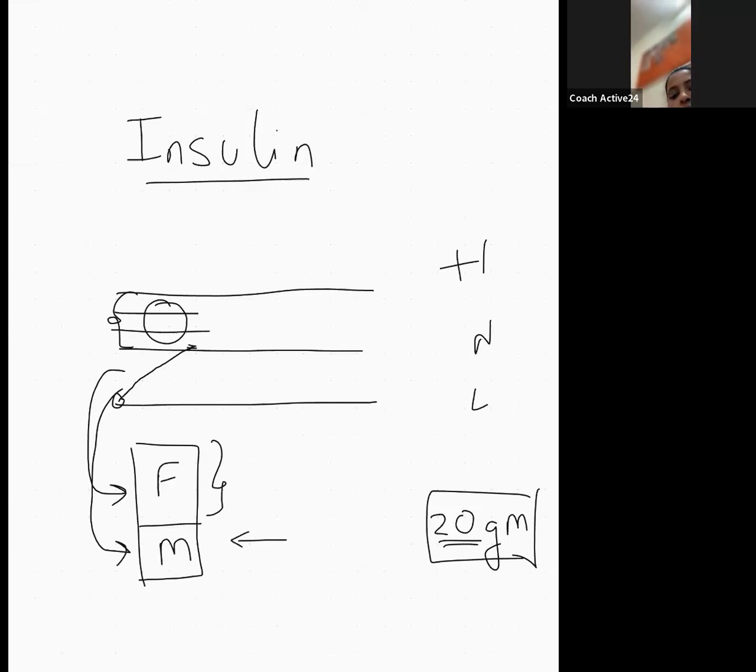So when you are having a high-protein, highly nutritious breakfast, the amount of sugar that stays in your blood is more.